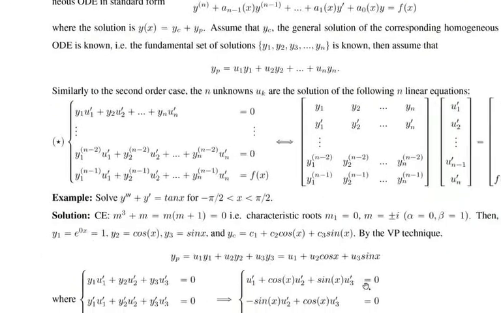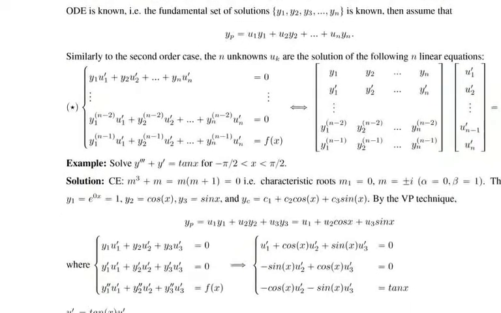And I need to set up my system of 3 equations and 3 unknowns. So note that when n is equal to 3, I'm going to have 2 equations which are set equal to 0, and the last equation will be set equal to my right hand side function f of x, where the ODE is written in standard form.